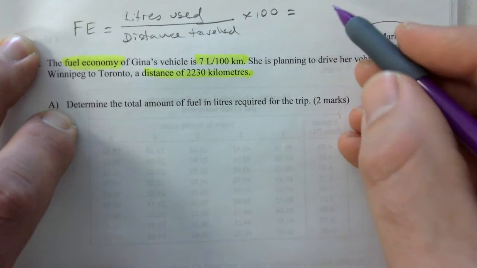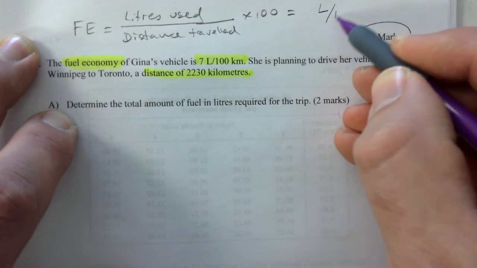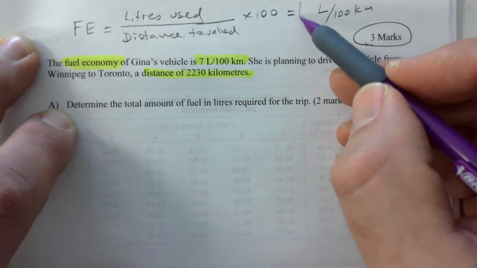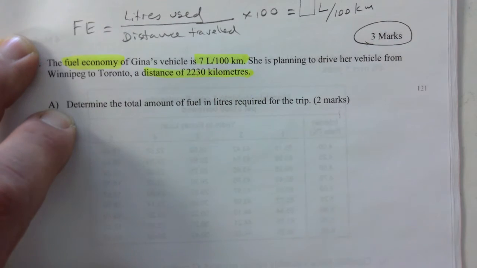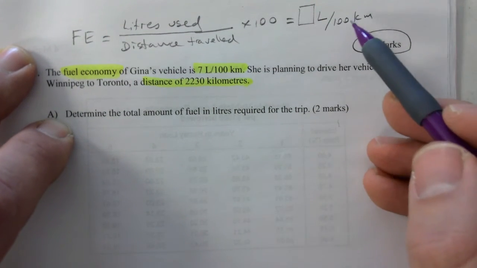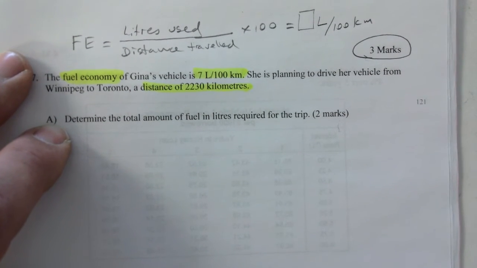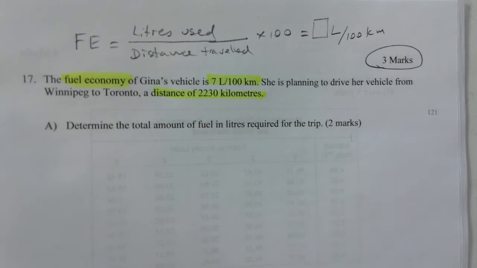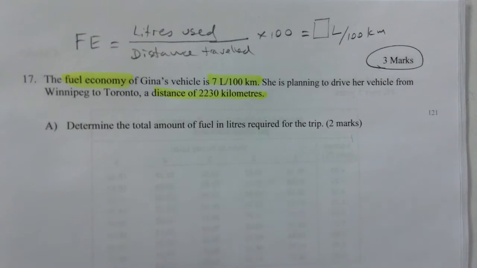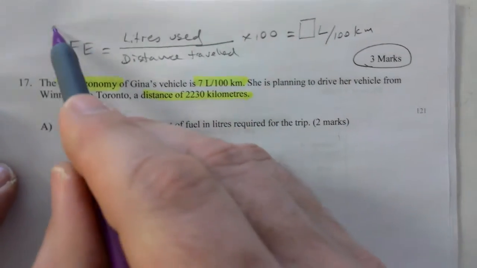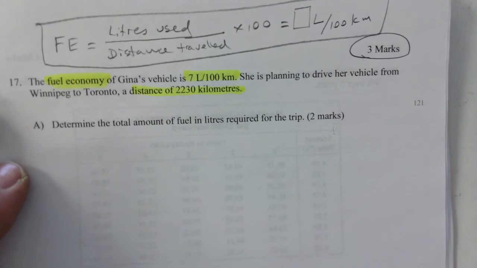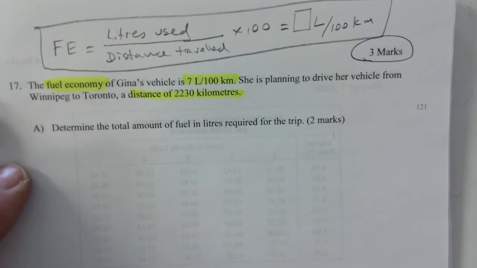And your answer will be liters per 100 kilometers. You're gonna have to calculate that, and it's always in liters per 100 kilometers. So this whole thing can be under your fuel economy section.